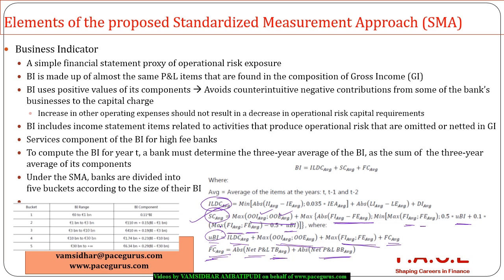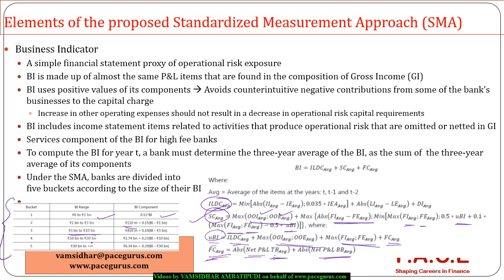approach. Now once I am able to compute my business indicator, this entire set of banks is divided into 5 buckets. So if the business indicator is between 0 to 1 billion, then the BI component is 0.11 times the business indicator value. But if it is between 1 billion to 3 billion, it is 110 million plus 0.15 times whatever is the excess.